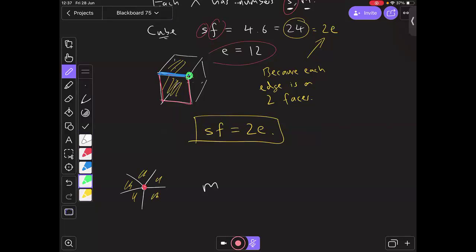Yeah, there's my vertex. 1, 2, 3 faces. So you understand what M is. Okay, so what if I multiply M by the number of faces? Sorry, I beg your pardon, not by the number of faces, by the number of vertices. I'm sorry, by the number of vertices.